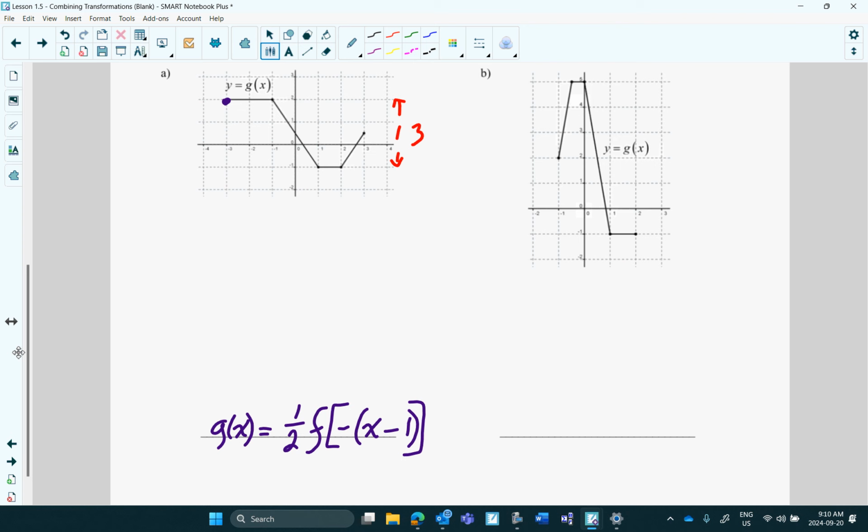But oftentimes, from what I've seen on the provincial, these kind of questions that you'll see aren't that complex as these. It's more the second one that I gave you, the one that flipped and shifted. Those are usually the ones that they like to put on there. Okay. Okay, so I'm going to stop with that one.